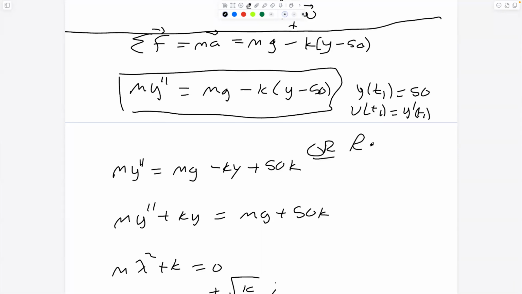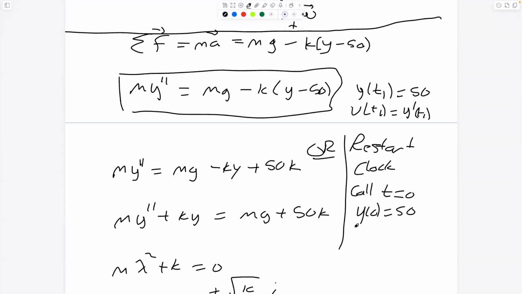Or restart the clock. This will make solving for C1 and C2 easier. But there's this extra conceptual jump here about restarting the clock. So call this new time just for a second 0 and do y of 0 equals 50.